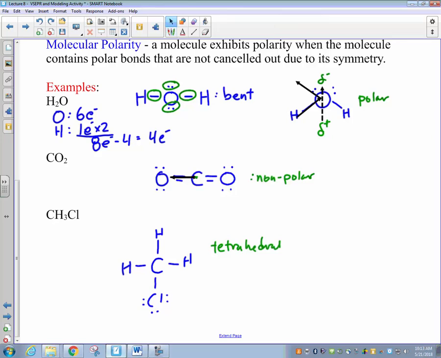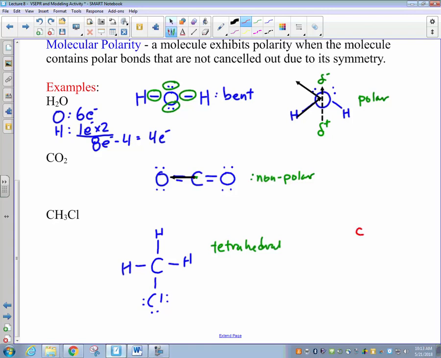With that tetrahedral arrangement of atoms, there are slightly polar carbon to hydrogen bonds around 3 of those positions there. However, the last bond here, the carbon to chlorine bond, is a highly polar bond due to the greater electronegativity of chlorine than carbon. So again, another way of looking at this is I'm going to try a little bit of a 3-dimensional drawing right here.